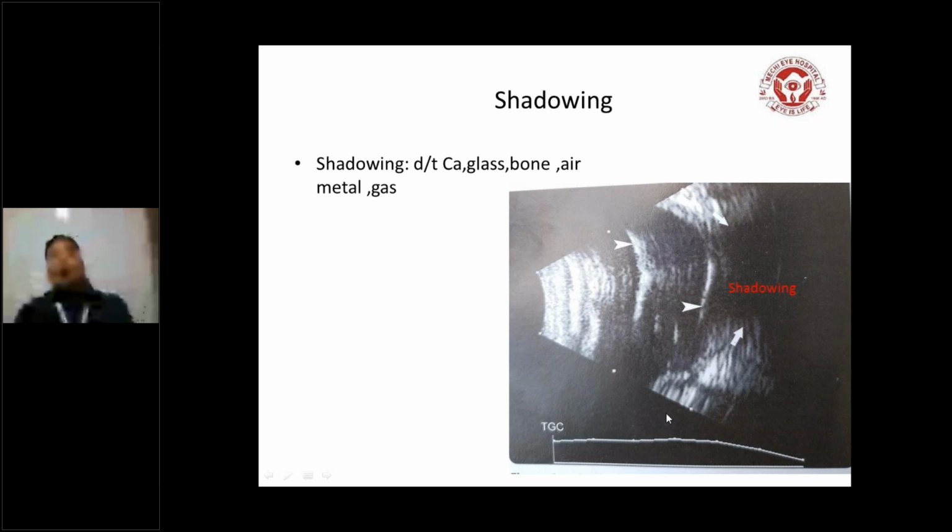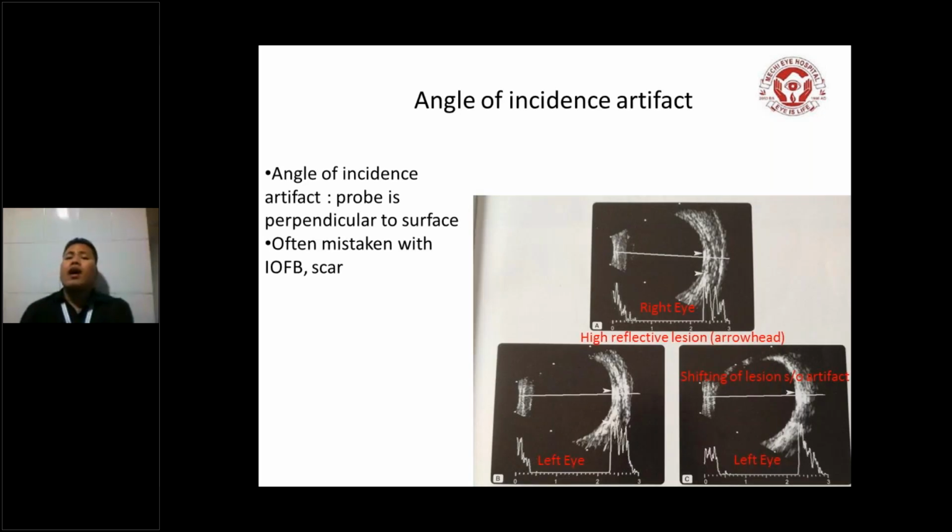So now in this vector, when the probe is placed perpendicular to the surface, then a high reflective lesion is noted at the macular area. So we often mistake whether it is a foreign body or a scar. To differentiate it from an intraocular foreign body or a scar, we have to scan the other eye also.